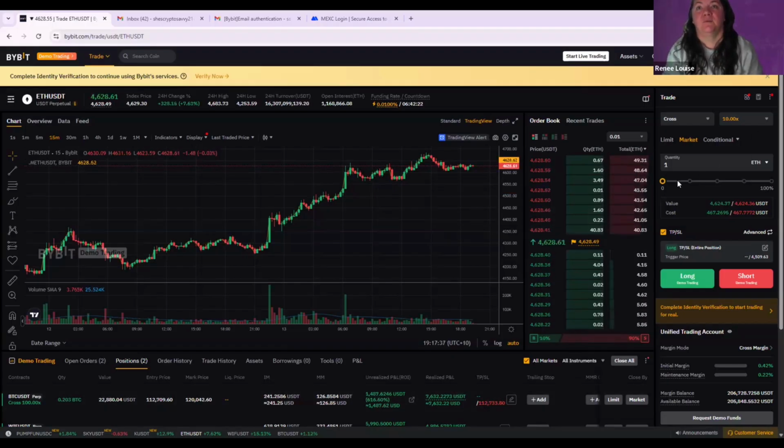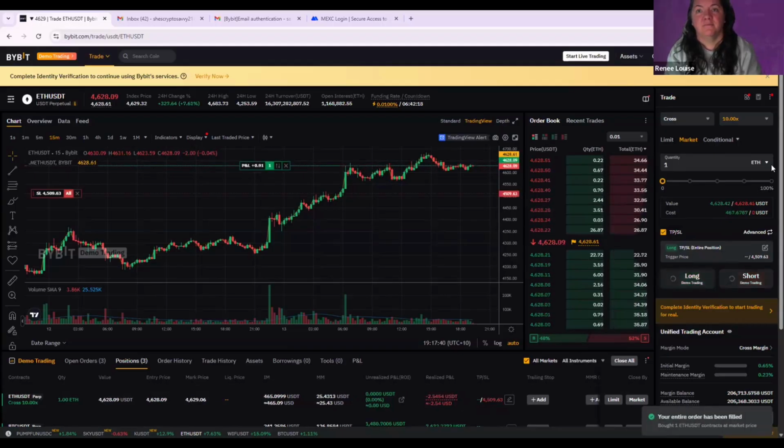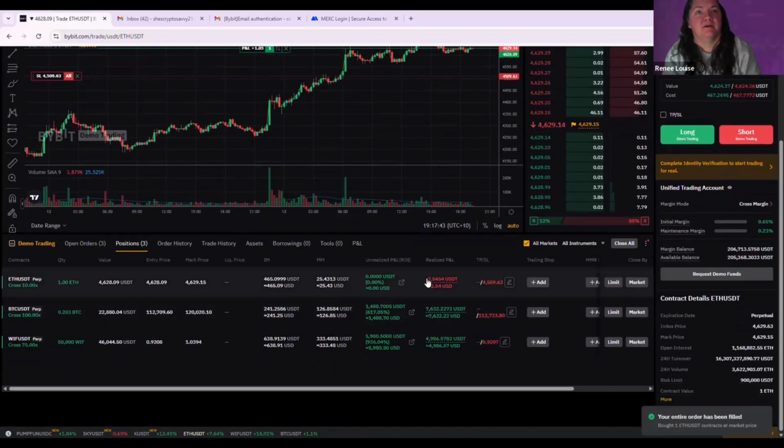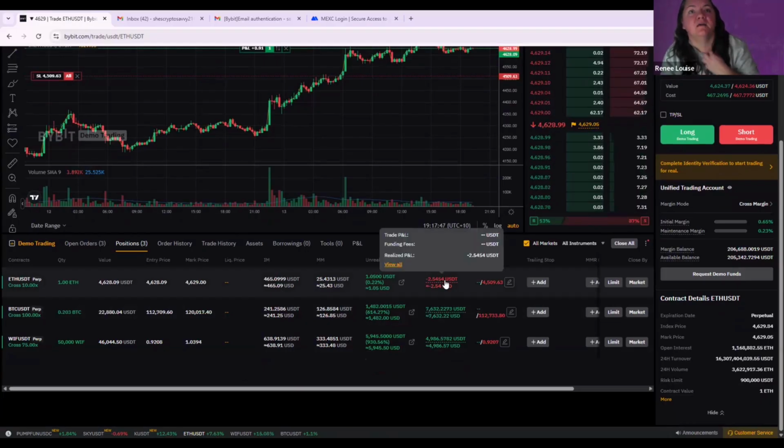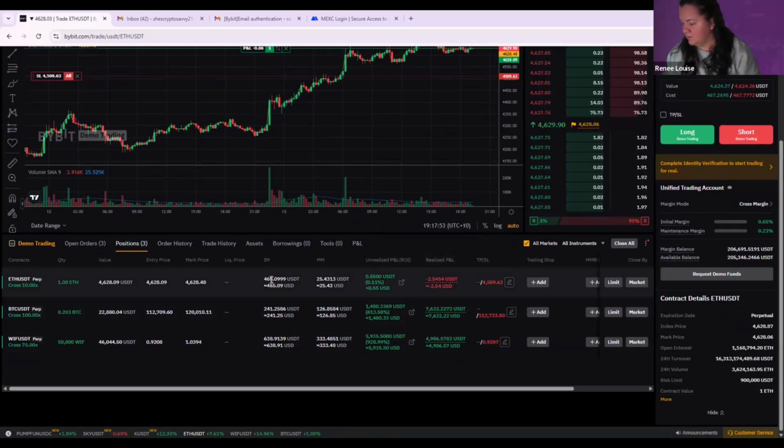Then I've got 1 ETH, stop loss on, and I'm going to go long. And so there's your fee. $2.50 out of $4.50 if you want to do the math real quick. Pretty sure that's 250 divided by 460.